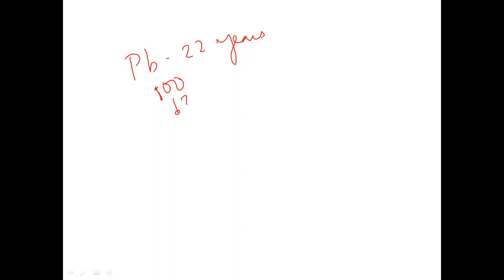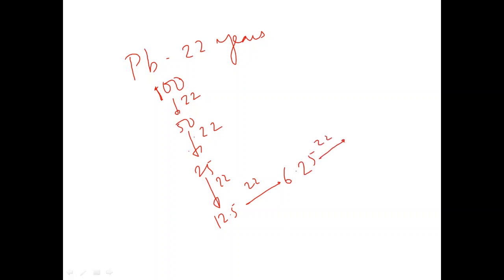In the first 22 years it will become 50, in the second 22 years it will become 25, next 22 years it will become 12.5, next 22 years 6.25, next 22 years 3.125, next 22 years 1.5625.